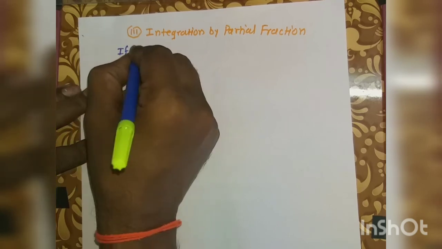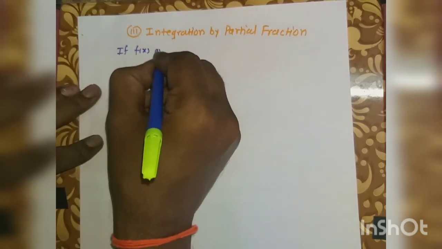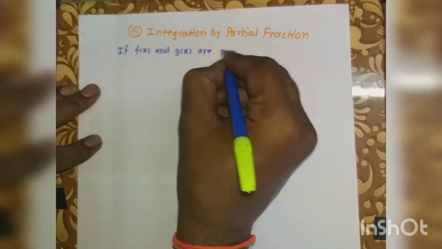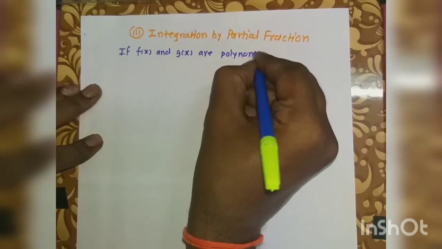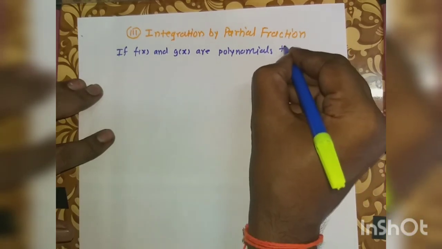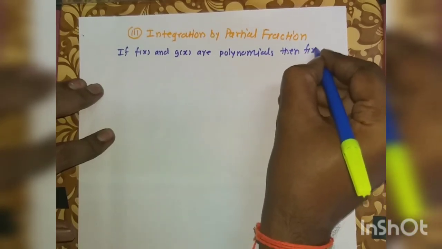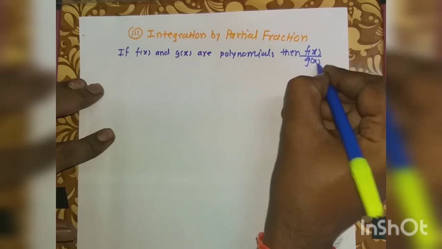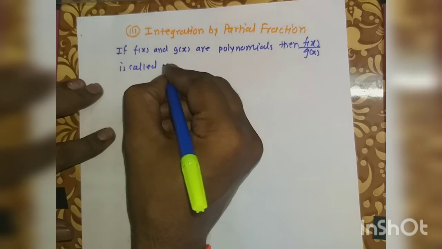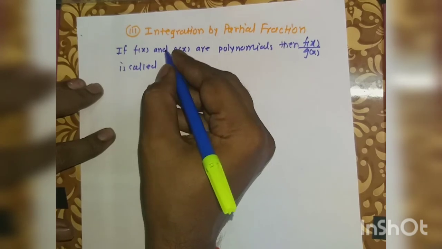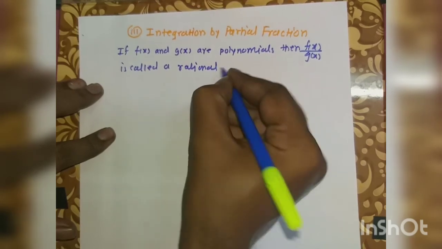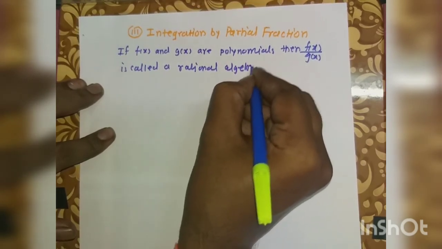If f of x and g of x are polynomials in terms of x, then f of x divided by g of x is called a rational algebraic function.